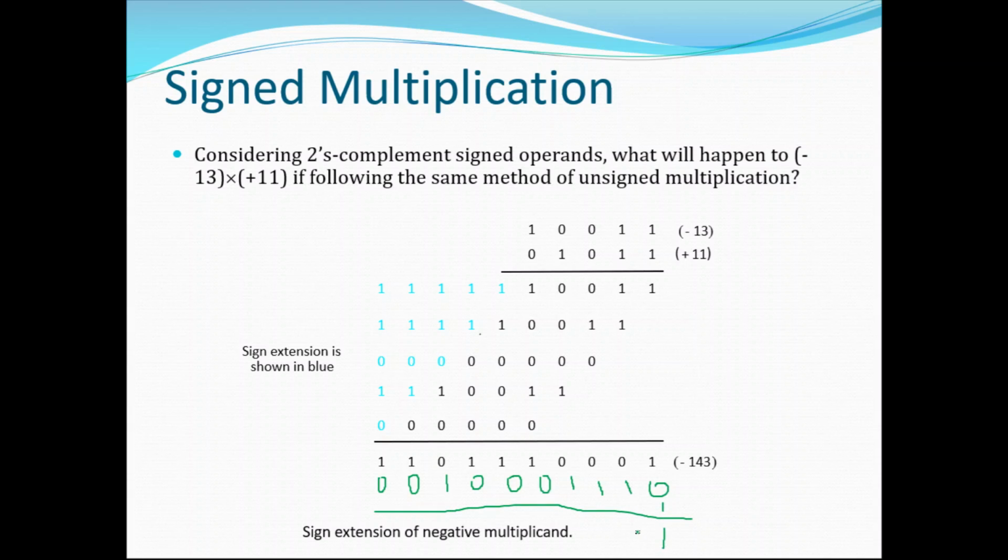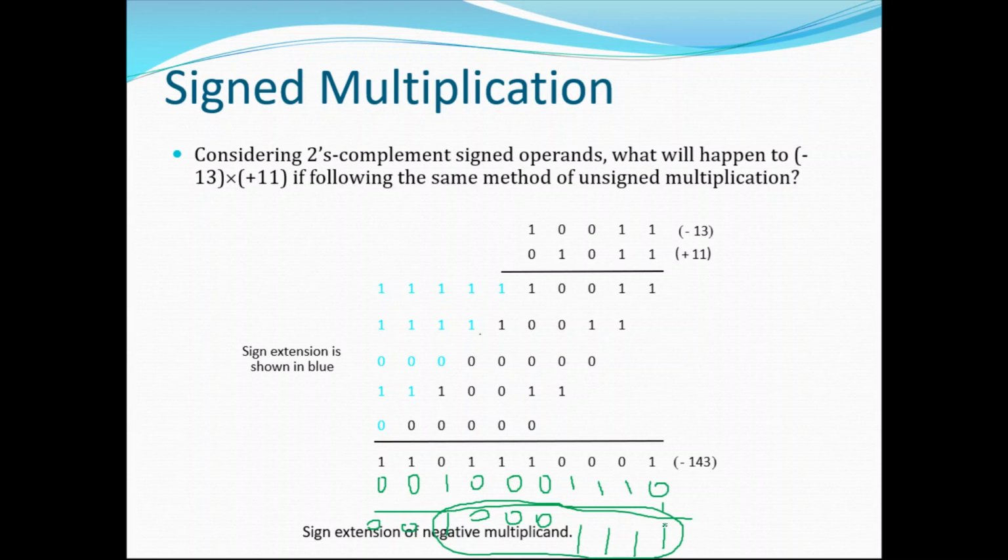So 1 1 1 1, again this is 0 0 0 1. That's it. Before things are 0, whatever it may be. Now you convert this to decimal.